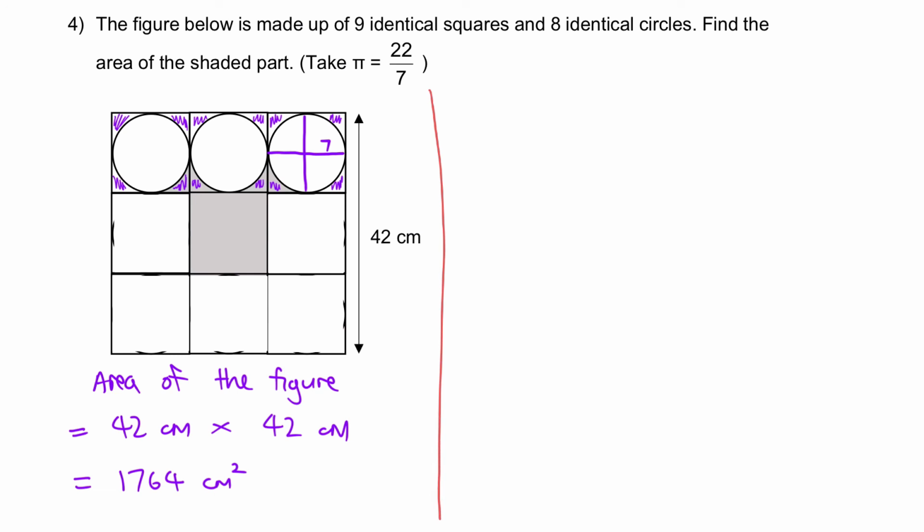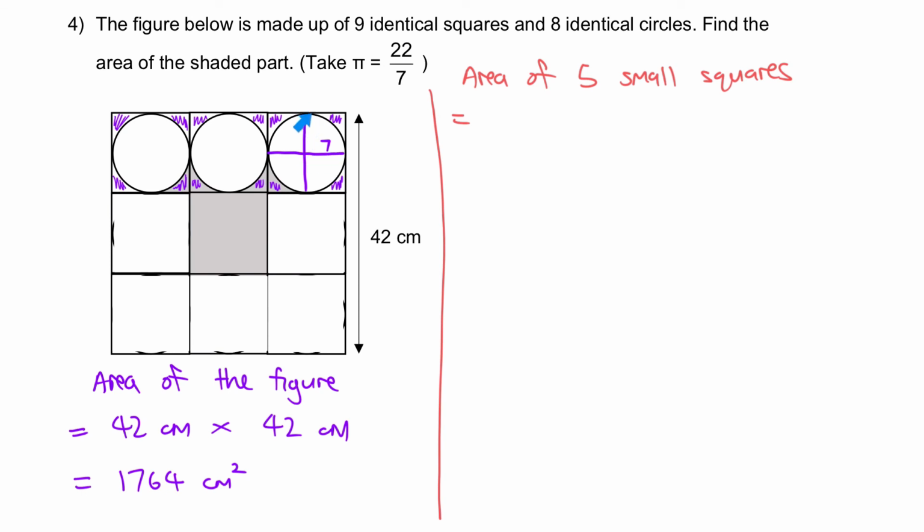Second step, let's find out the area of 5 small squares. Yeah, I think I can call it small squares, okay, to have no confusion. 5 small squares. Why 5? 1, 2, 3, 4, 5. So what is the area of 1 square? It's the length, it's 14, isn't it?